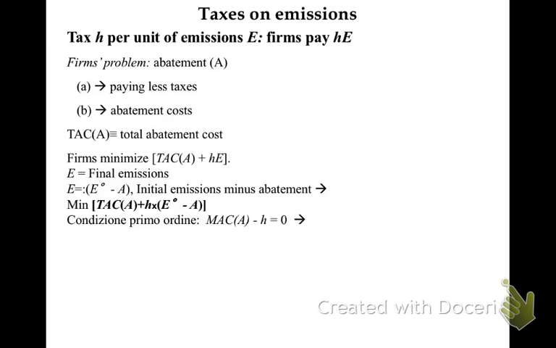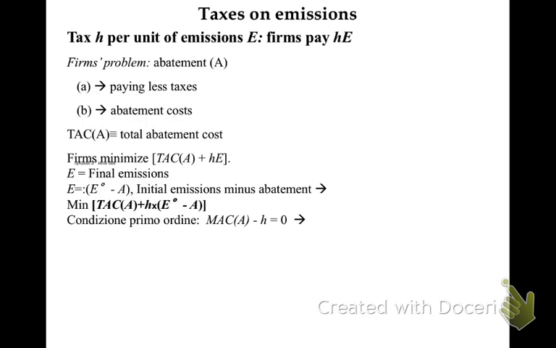So what does it involve? The first order condition is, of course, you have to take the derivative with respect to A. And then you will get the marginal abatement cost, which is the derivative. What is the derivative of the tax term with respect to A? It is minus H. Is that clear?